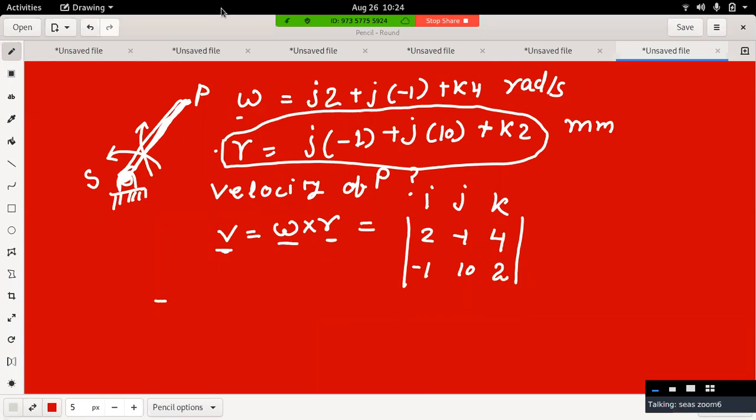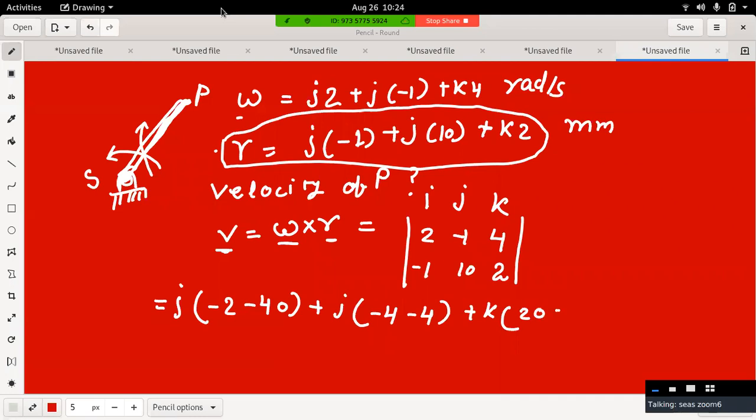तो इसको अगर मल्टीप्लाई कर दे तो क्या हो जाएगा, I (-2 - 40) plus J (-4 - 4) plus K (20 - 1). तो ये हो गया हमारा I -42 plus J -8 plus K 19.